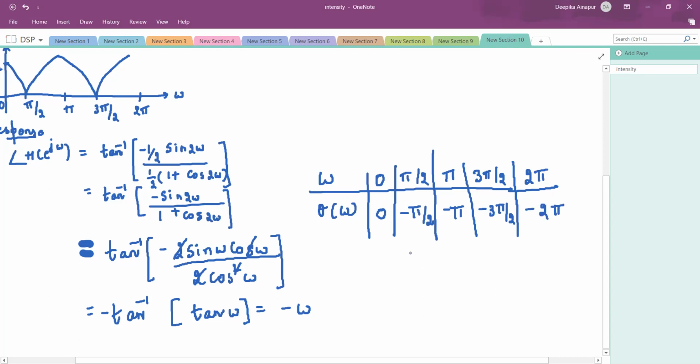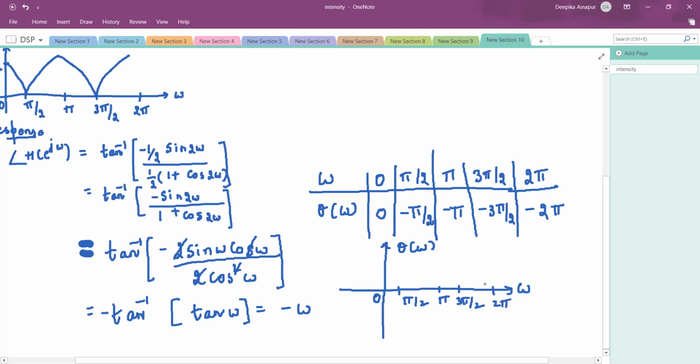If you draw the same thing, you'll get the final phase response. Whatever response we have got now, we are supposed to draw. Here it is omega, and on the y-axis take theta of omega. The different values of omega we have taken are 0, pi by 2, pi, 3 pi by 2, and 2 pi.